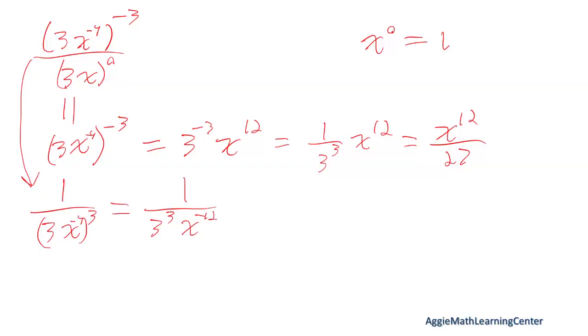So we want to see what that looks like. That would be 1 over 27, 1 over x to the 12th, and that's the same as 1 over 1 times x to the 12th. Why did I write 12? X to the 12th is not necessarily equal to 12.